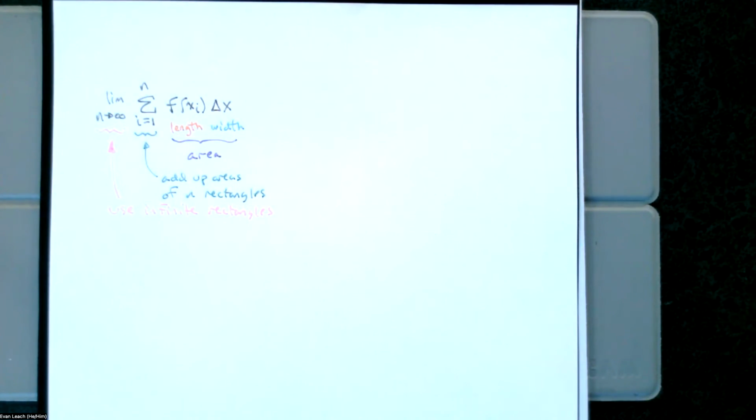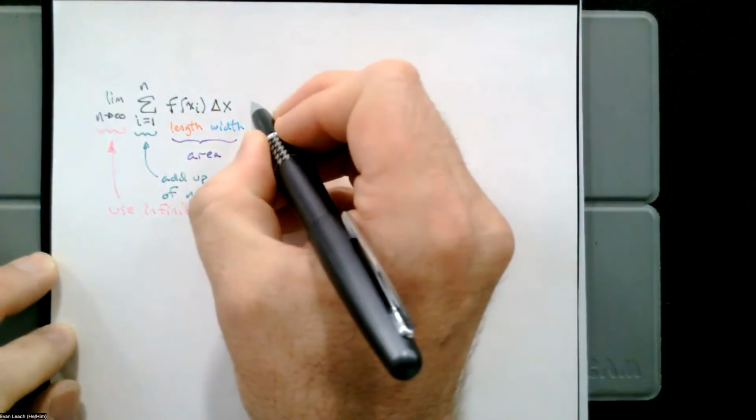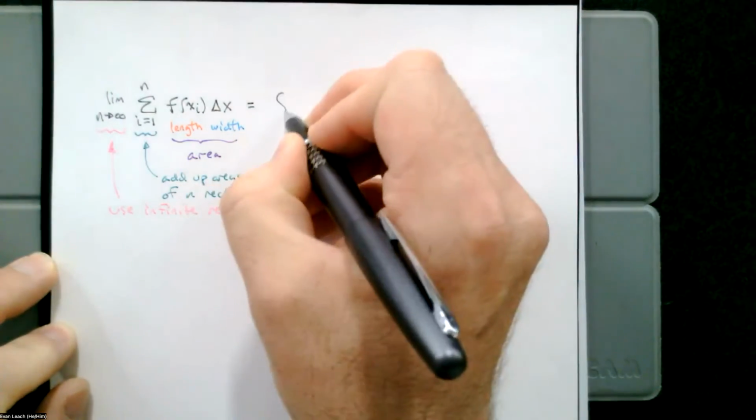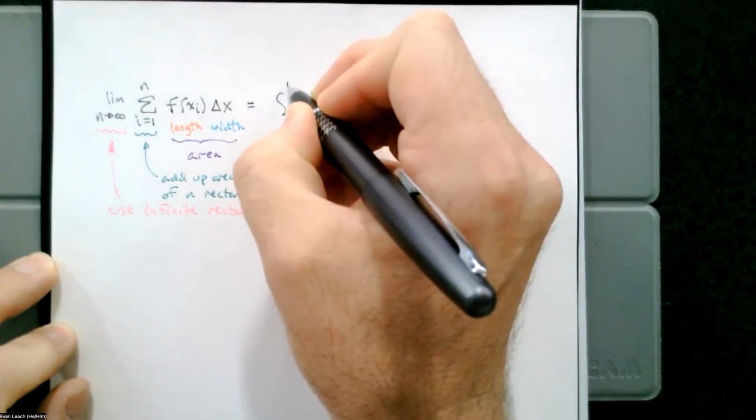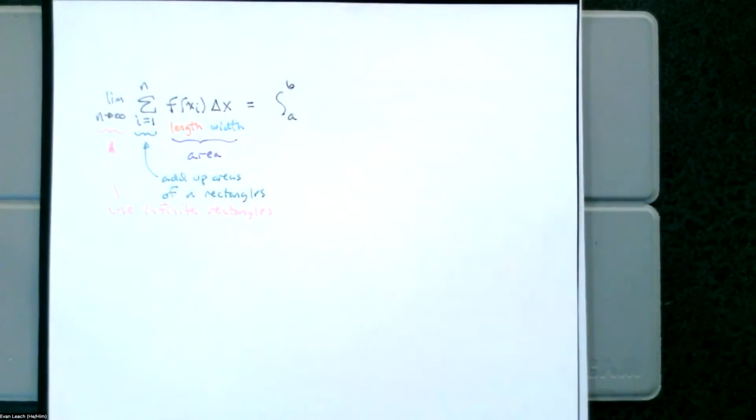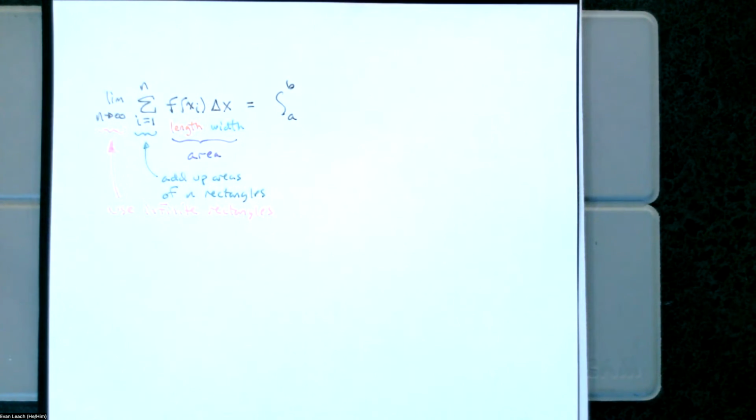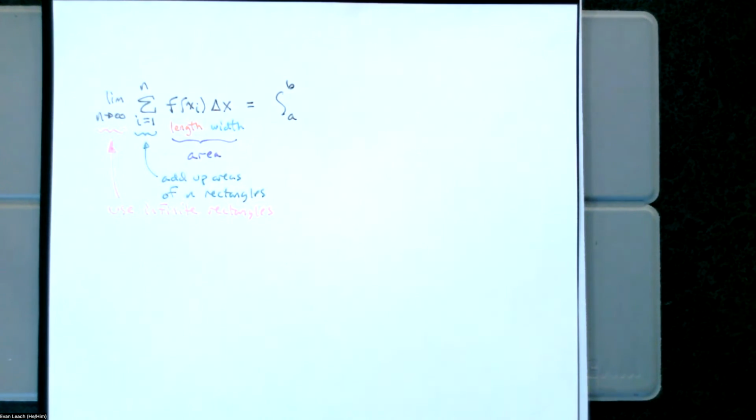But we know that the Riemann sum takes us to the definite integral. Where all that lead up completely changes to this integral from a to b. The f at xi, that's where we're assuming it's constant. We're just assigning a bunch of values.